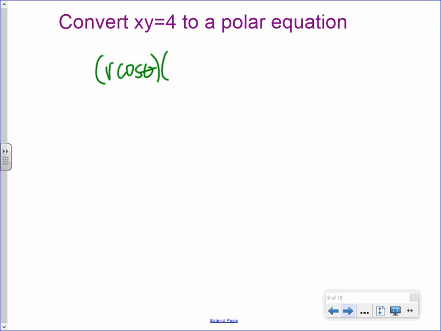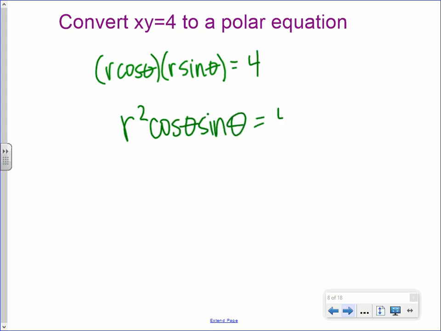Do we know what y is in polar form? Now, if we have a rectangular equation, I don't really care what it looks like particularly, as long as it's something recognizable, line, circle, parabola. If you have a polar equation, I would like you to solve for r. If there is not an r, I want you to solve for theta. So, in this case, we are going to solve for r squared.